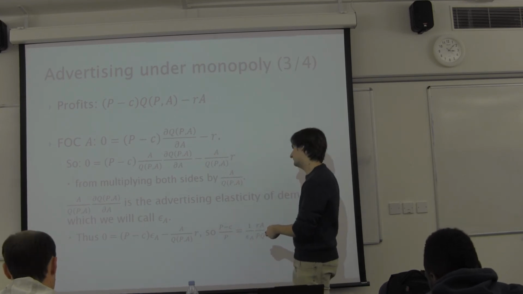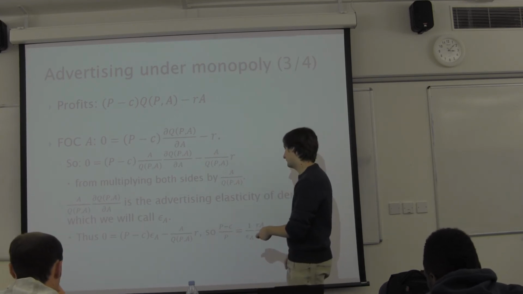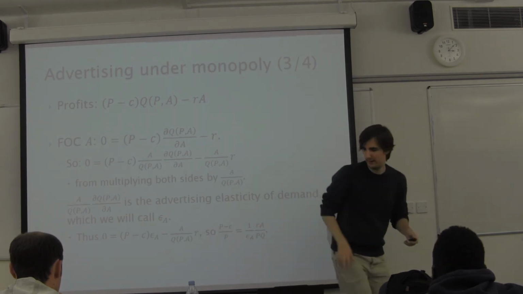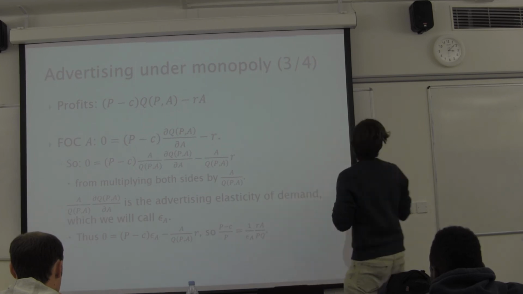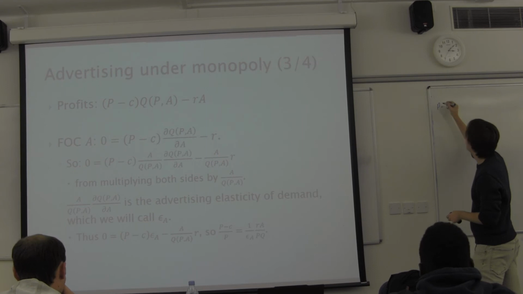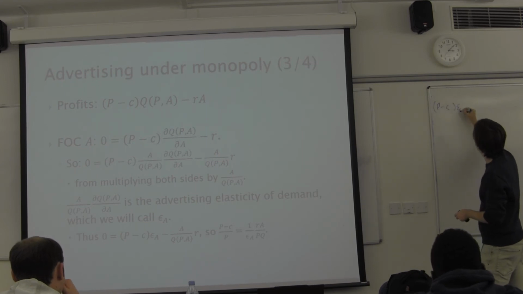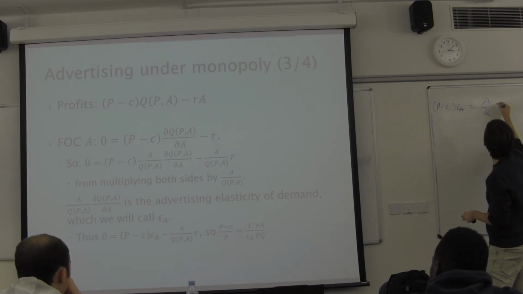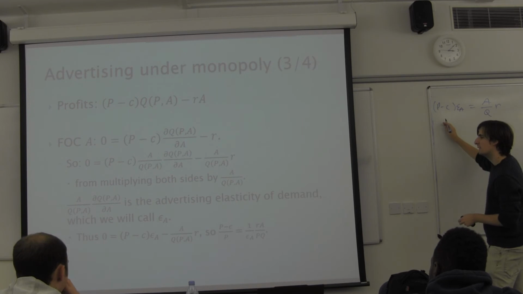So if we rearrange this, we have price minus cost times epsilon A is equal to A over Q times R. We want something with price minus cost over price.